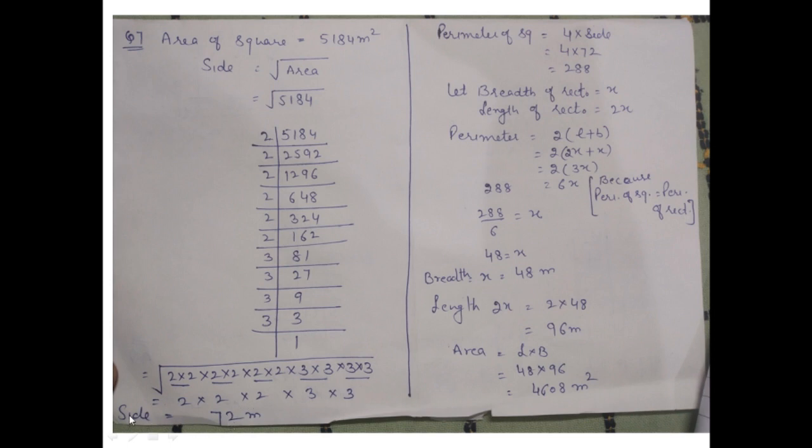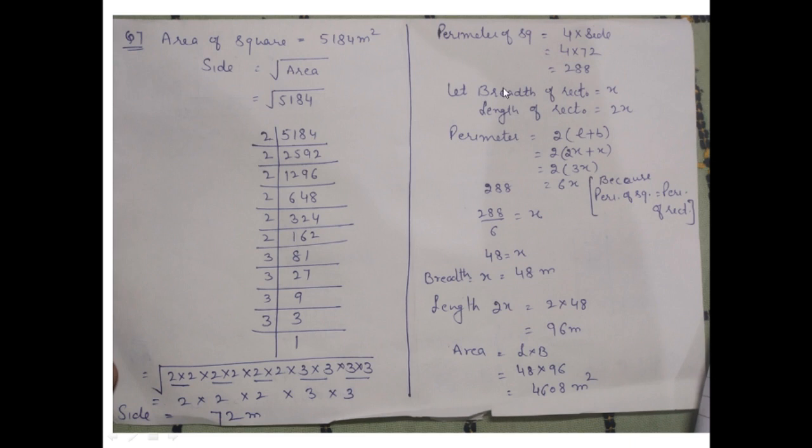That means the length of the side of the square is 72 meter. Now they are talking about the perimeter of the square in your question. So now you have to find the perimeter of the square. Write the formula 4 into side. Side is 72. Multiply it by 4. Then you will get 288 meters.